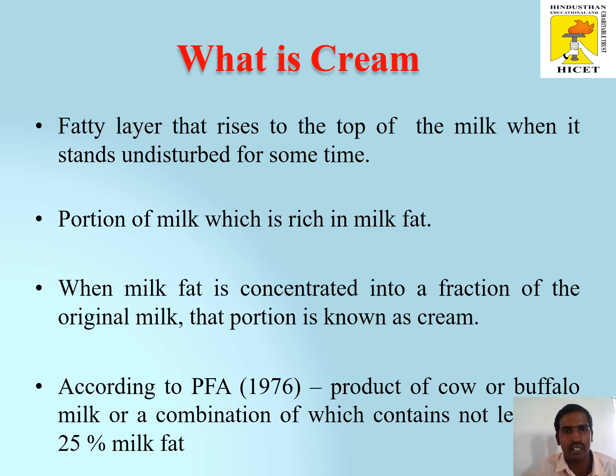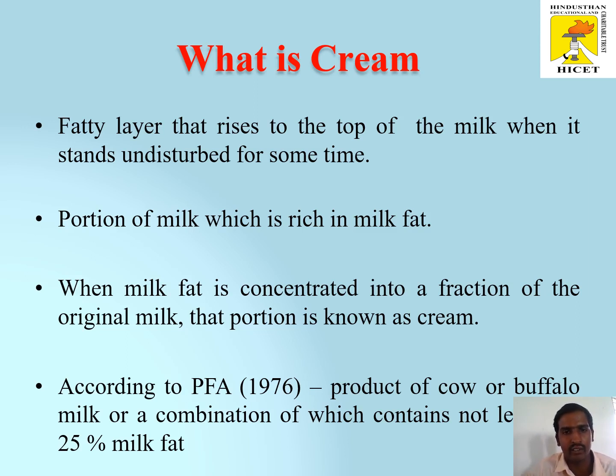Cream is produced by skimming the layer of fat or any other substance present on the surface of the milk. That portion of milk that rises to the surface is rich in fat, so we can obtain the fat or cream after the raw milk is kept undisturbed for 3 to 4 hours.